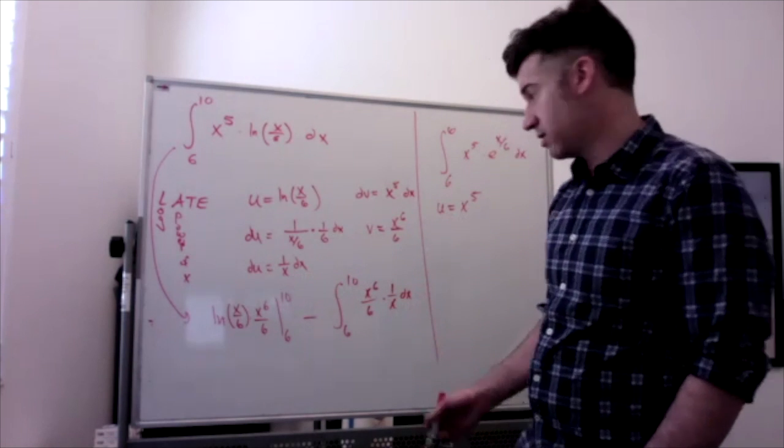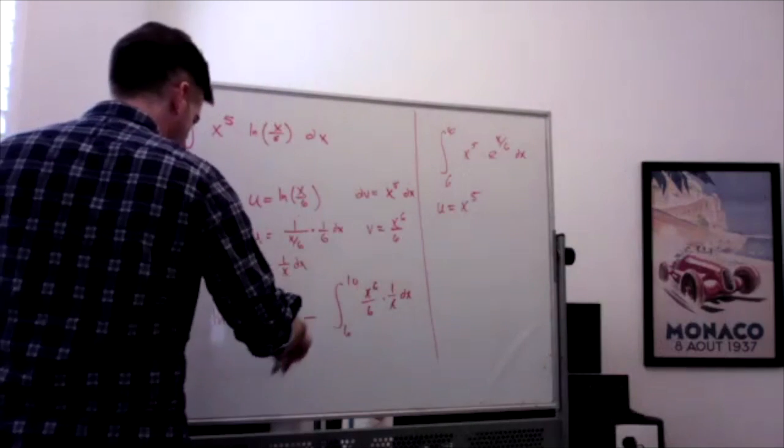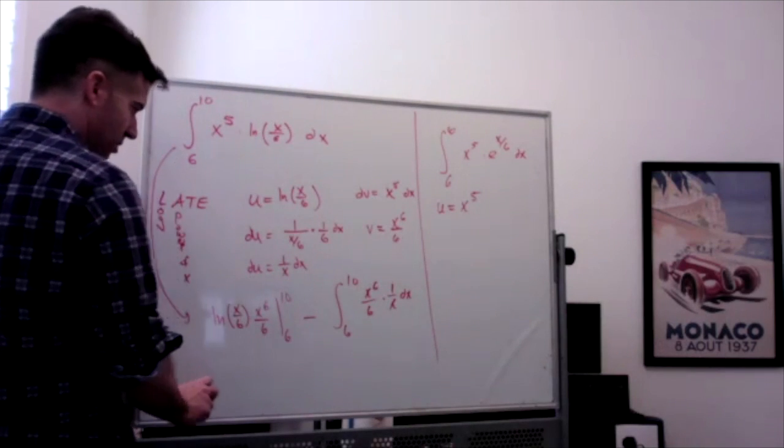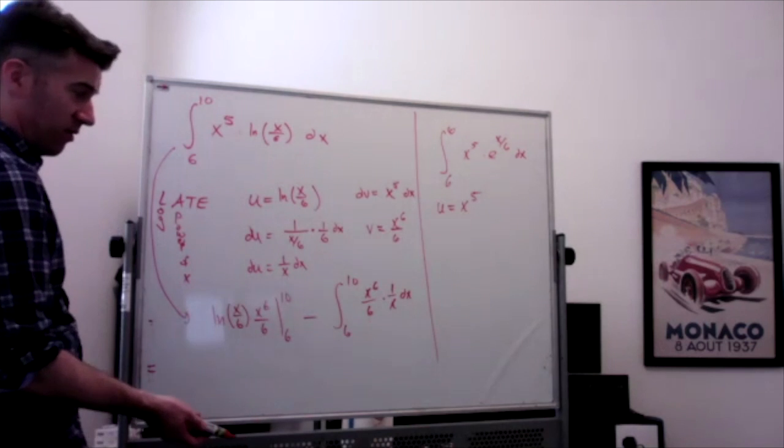Gets kind of nasty. So we can plug our limits of integration here. I really don't want to though. I really want to wait until I've written the whole thing out.